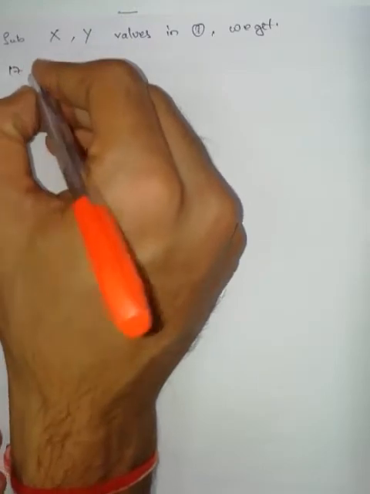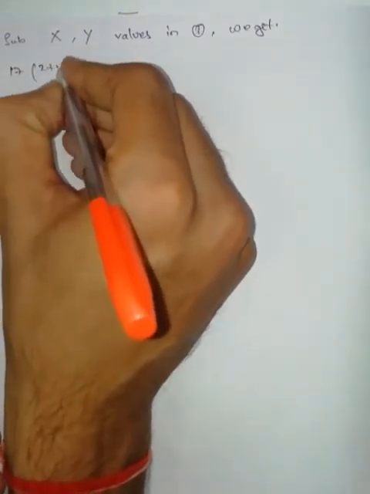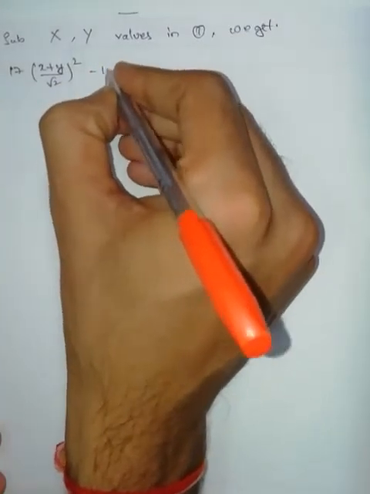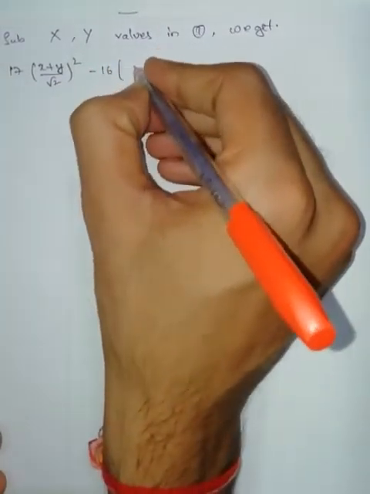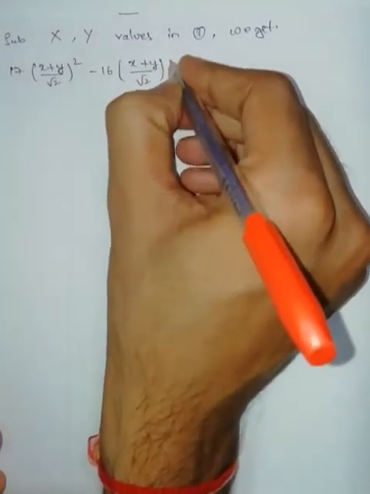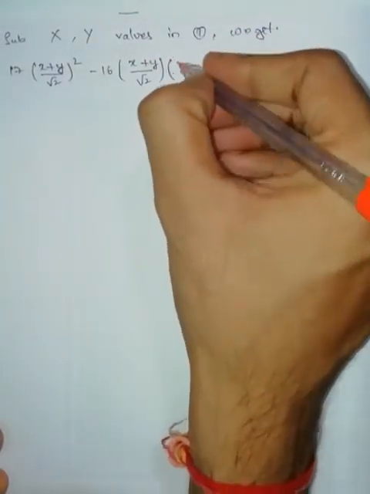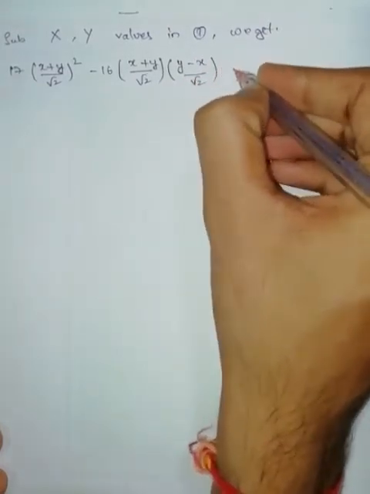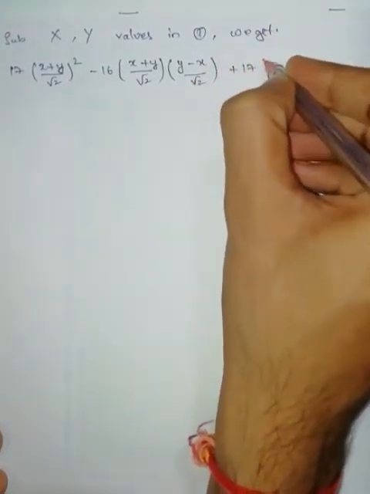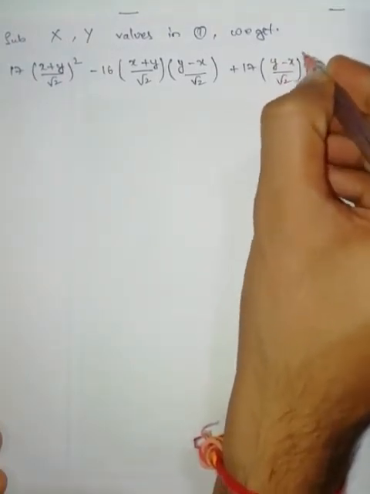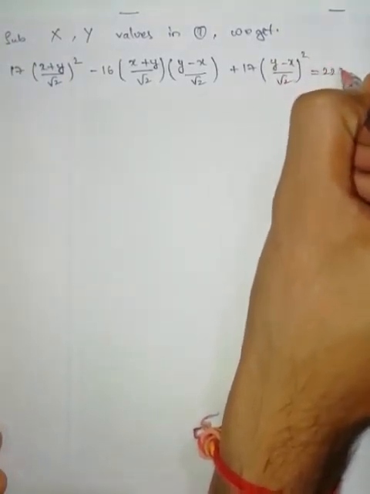17 times ((x plus y) by root 2) whole square, minus 16 times ((x plus y) by root 2) times ((y minus x) by root 2), plus 17 times ((y minus x) by root 2) whole square, is equal to 225.